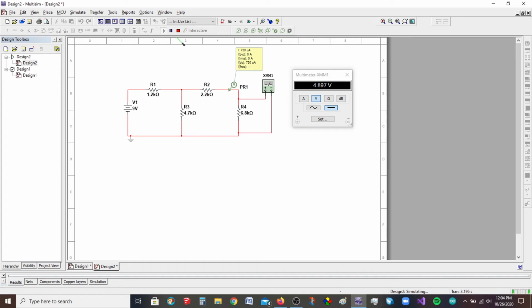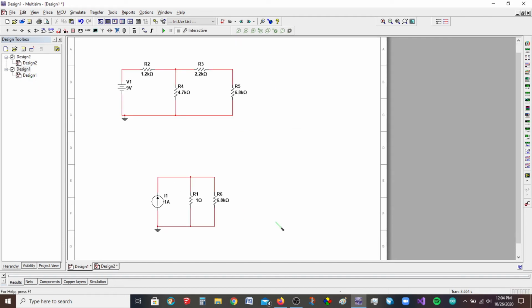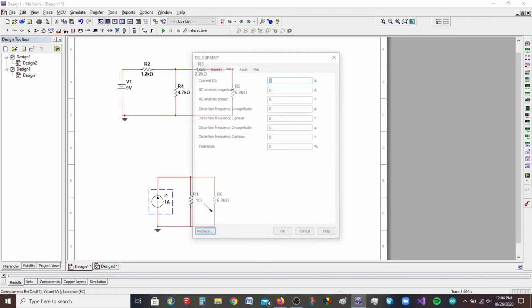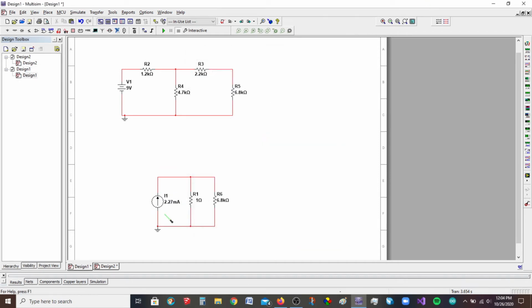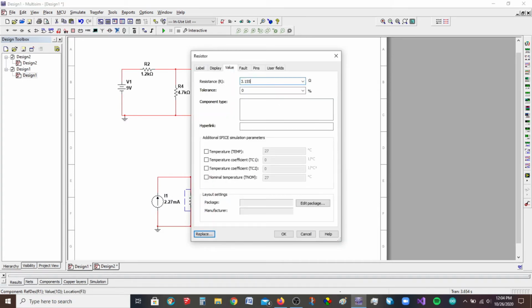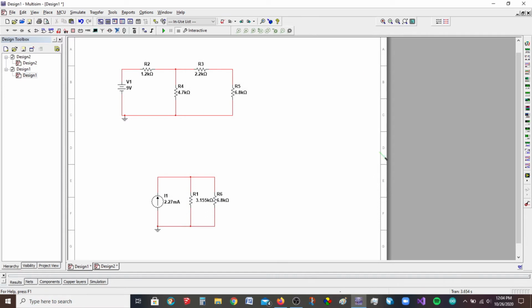Okay, so now what I want to do is put in the Norton circuit. The Norton current is 2.27 milli. This was 3.155 kiloohms, and the load resistance was 6.8 kiloohms.